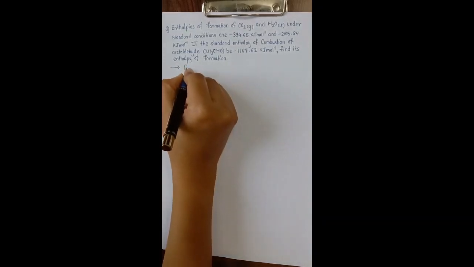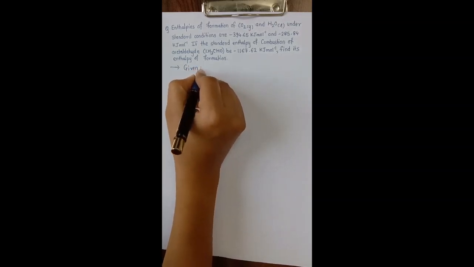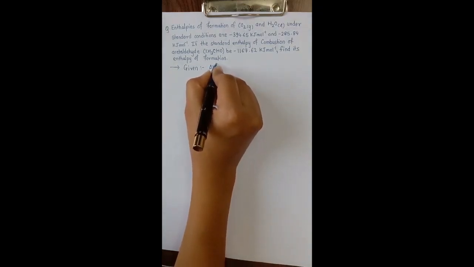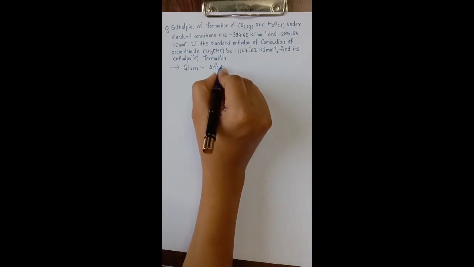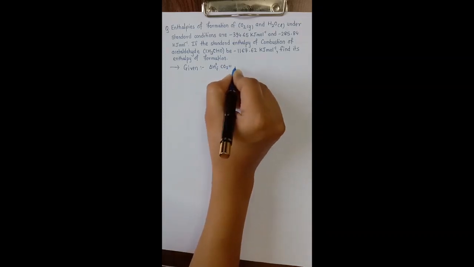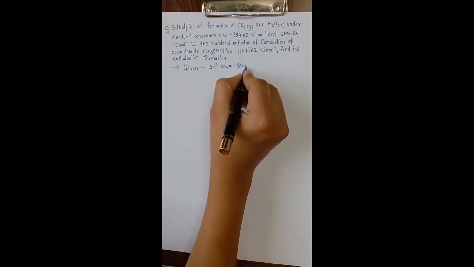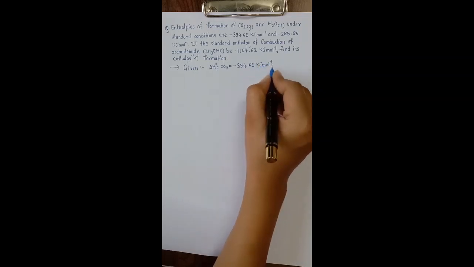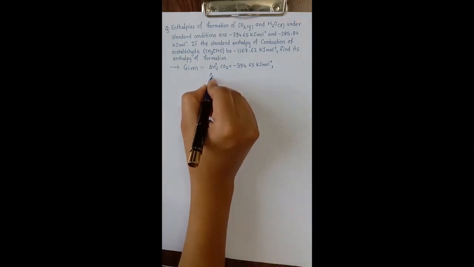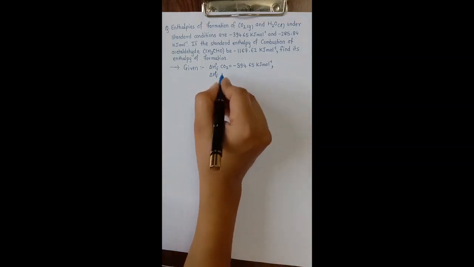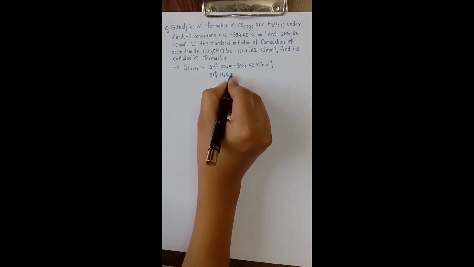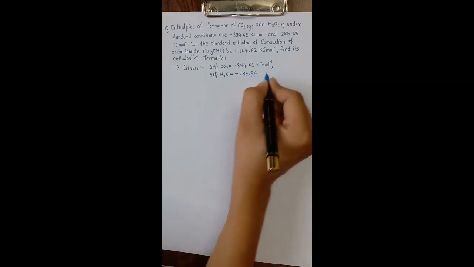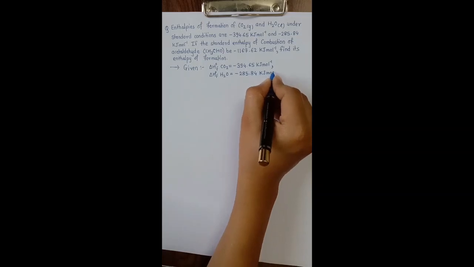So given things are delta HF naught for the CO2 is equal to minus 394.65 kilojoule per mole. Next, delta HF naught for the H2O is equal to minus 285.84 kilojoule per mole.